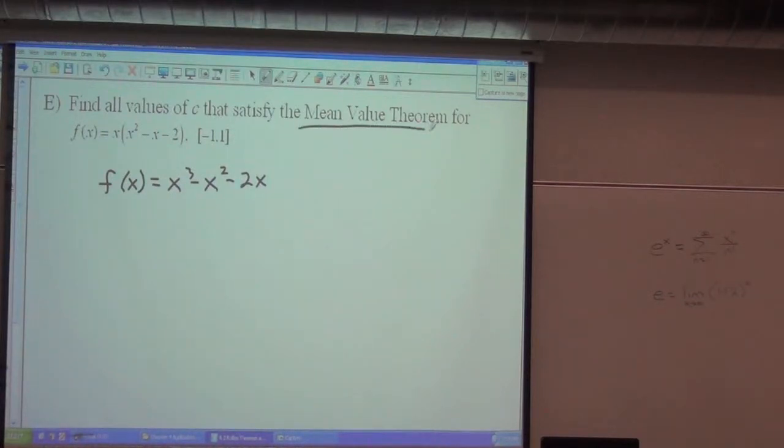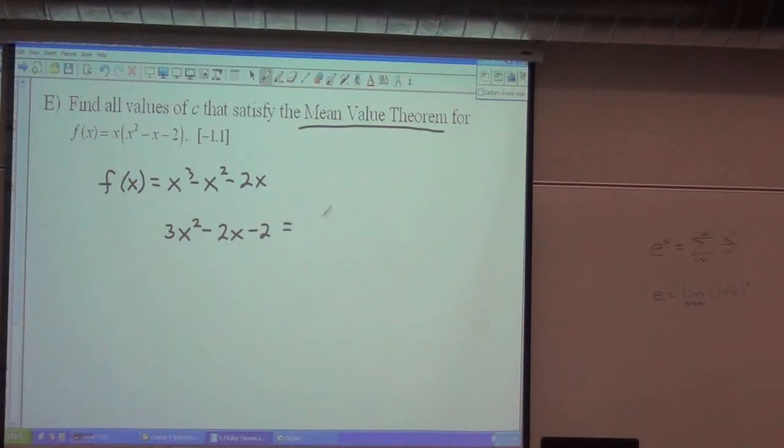The mean value theorem says if this function's continuous, and it is, and if it's differentiable, and it is, because polynomials are always continuous and differentiable, then there's some value for x in between -1 and 1 where the average rate of change equals the instantaneous rate of change. So if I take the first derivative, I'll get 3x squared minus 2x minus 2.